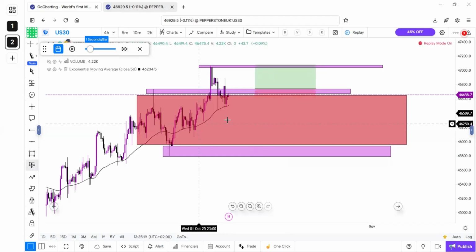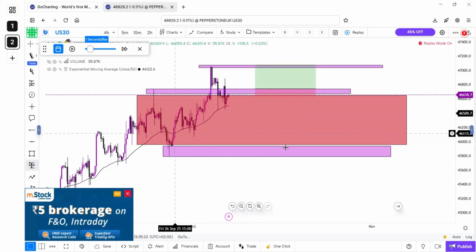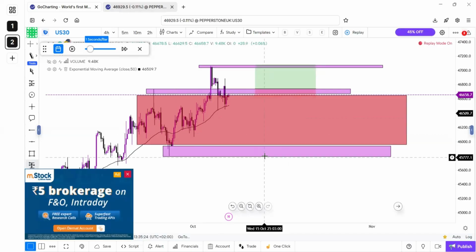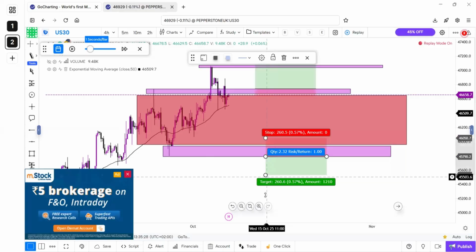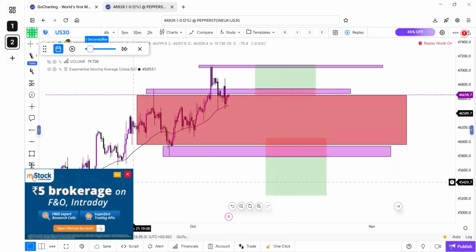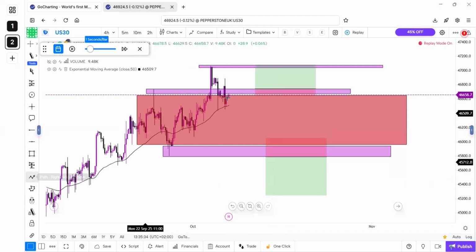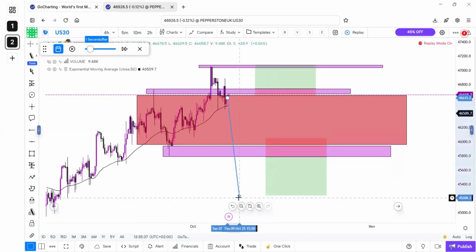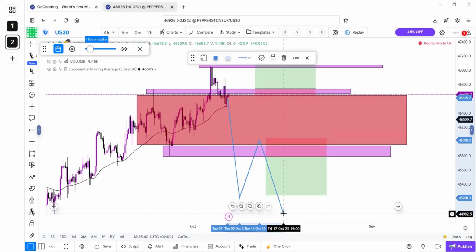We don't want to do anything in here, but we will only look for sells below here, okay? But for us to look for sells, the market has to create an indication first, a correction later, and then we look to sell. All right, now you get it.